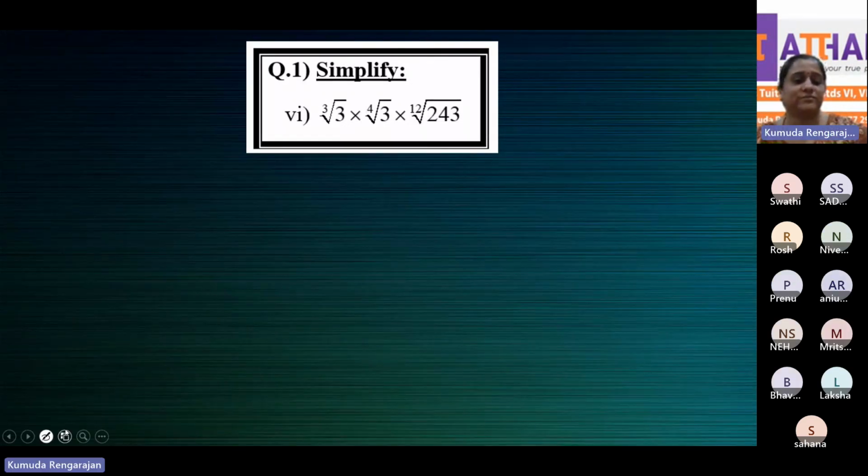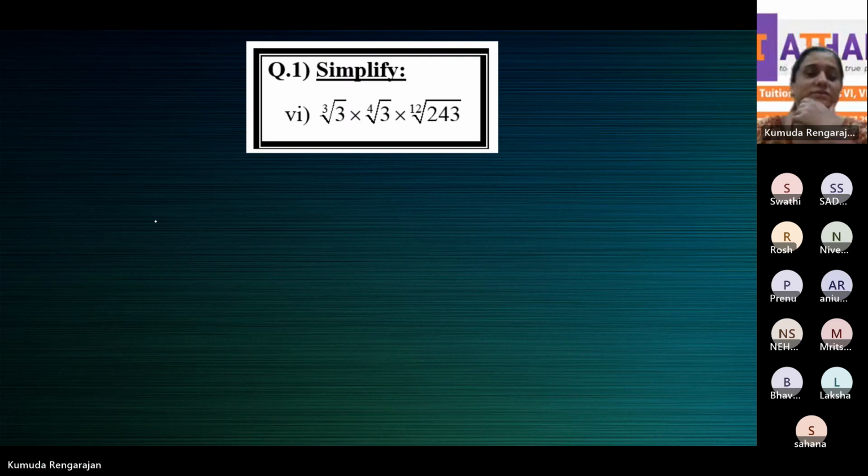Yeah, Amritsar, tell me. Ma'am, cube root of 3 can be written as 3 to the power 1 by 3.